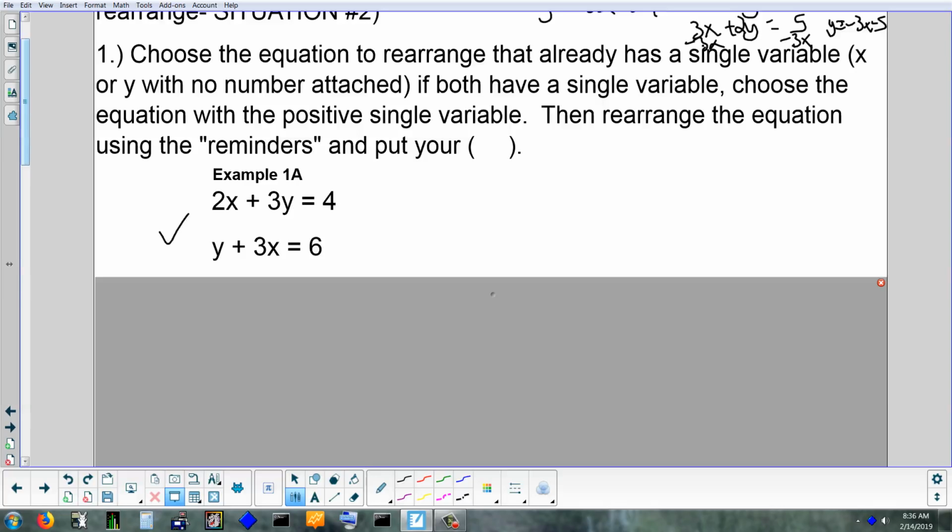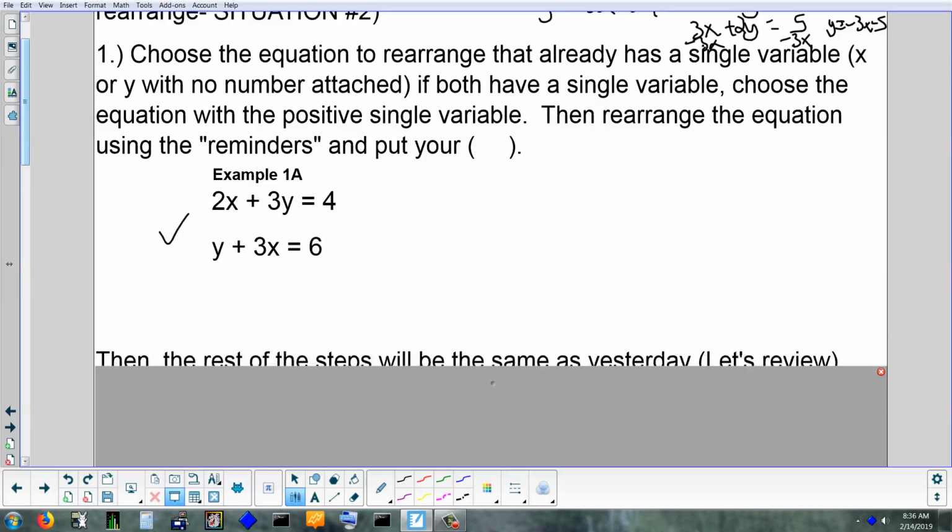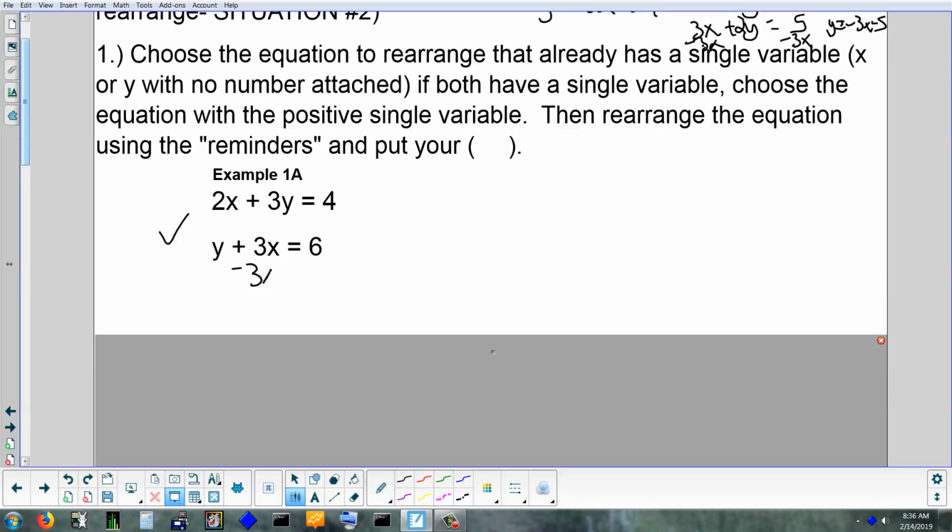What do we need to do? Someone tell me, raising their hand. What do we need to do to rearrange this equation to get y by itself so we can substitute? Minus 3x on both sides, right? So I'm going to minus 3x, minus 3x. My new equation, rearranged, is going to be what? Dylan, what do you think?